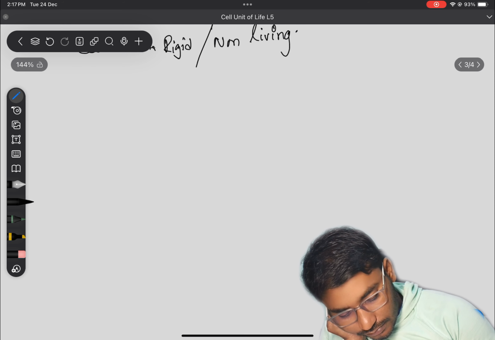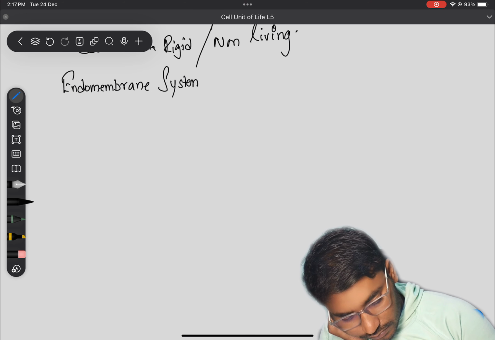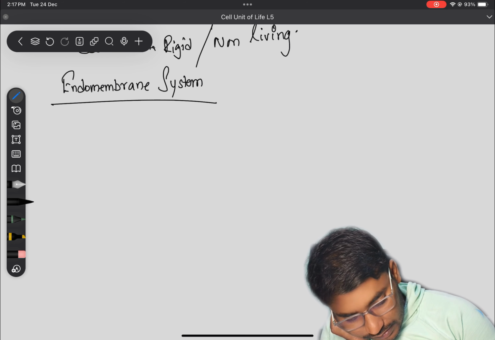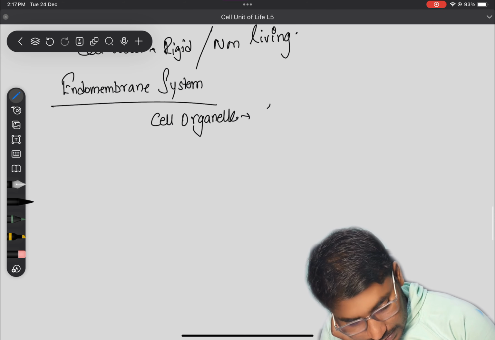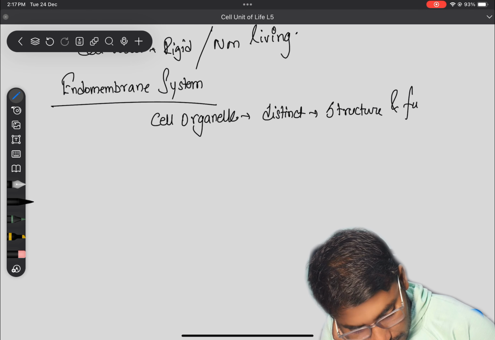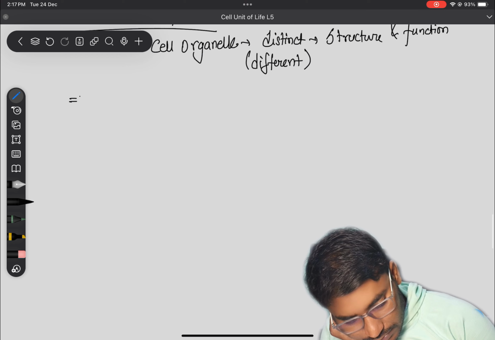Endomembrane system. Cell organelles with distinct structure and function. Distinct means different. Endo means inside the cytoplasm.